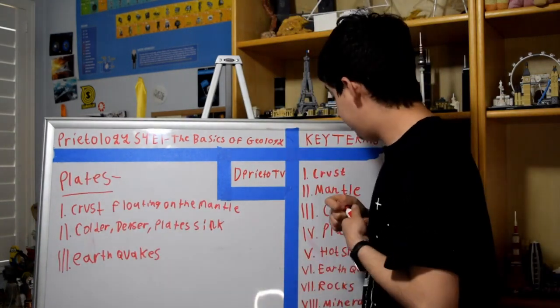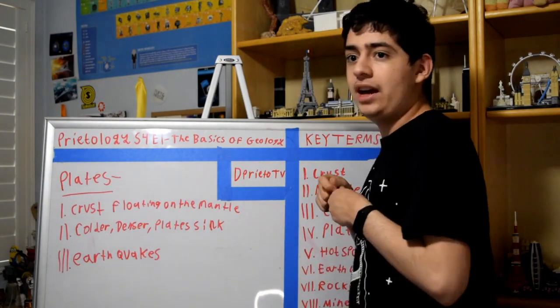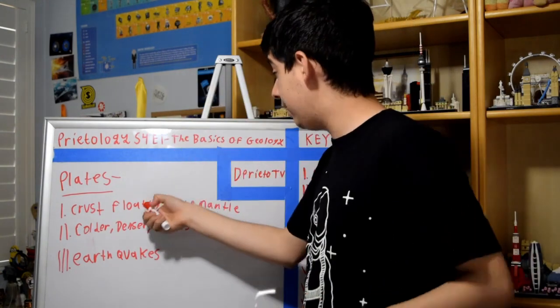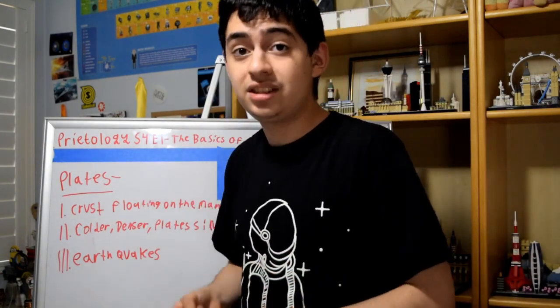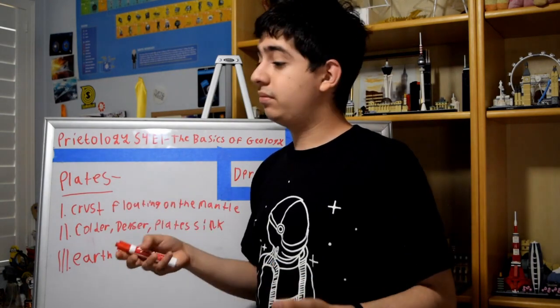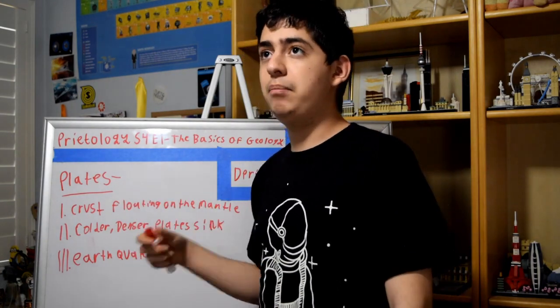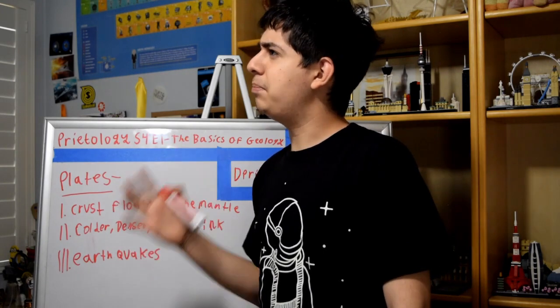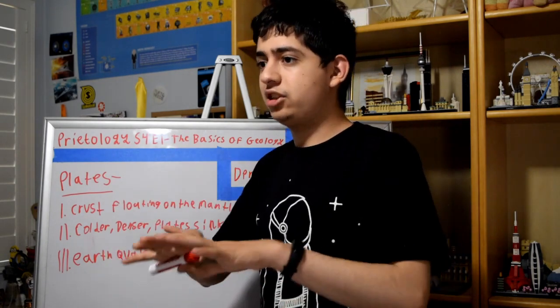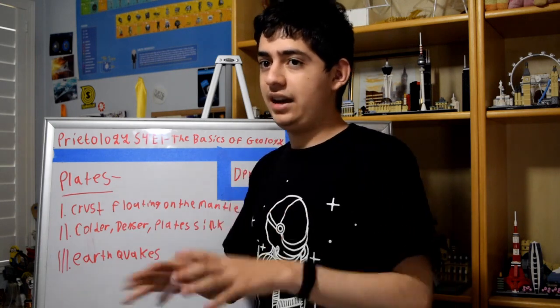Alright, we're halfway there. Plates, not as in dinner plates, but tectonic plates, the ones that move about the mantle, pieces of crust that float along the mantle. There's an experiment that some people do. They have milk, or water, and they put slabs of wood on top of it and see how they collide.